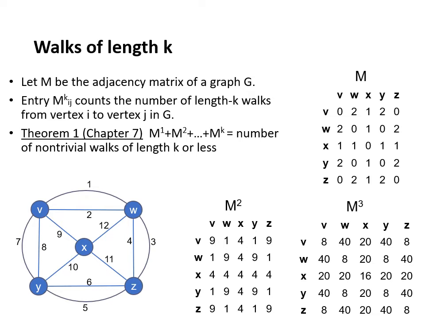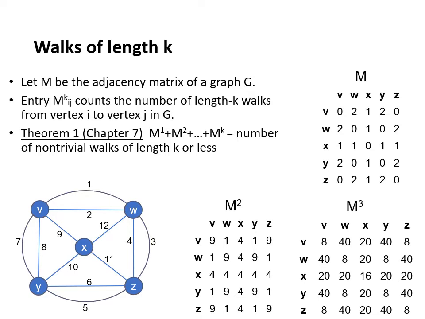As it turns out, we can use adjacency matrices to compute some interesting facts about graphs easily by using matrix operations. For example, let M be the adjacency matrix of a graph G. Then entry ij of M to the k counts the number of length k walks from vertex i to vertex j in G, which is a really interesting result.